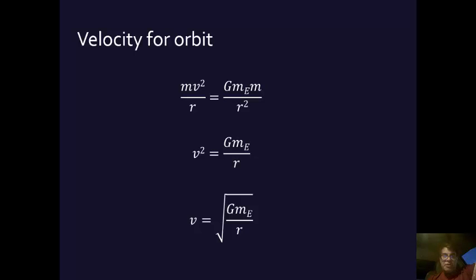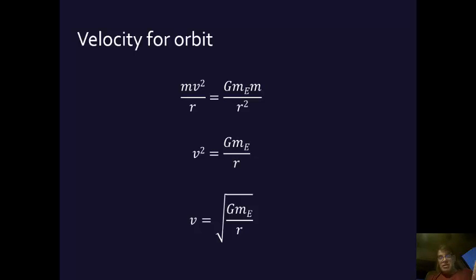The velocity is going to be the square root of the gravitational constant times the mass of the Earth, or whatever spherical body it's circling, divided by the radius, that is the distance from the center of that body. So there you have it.